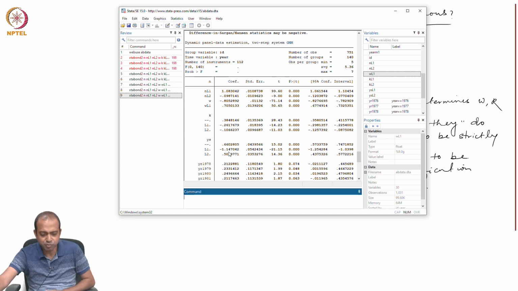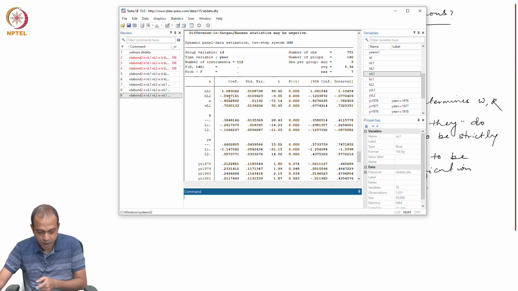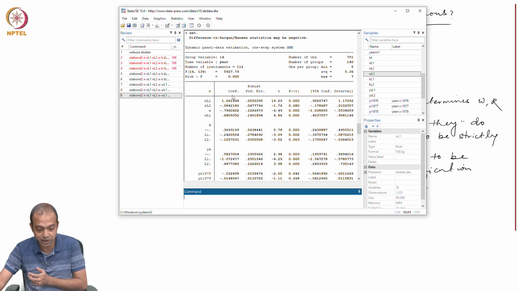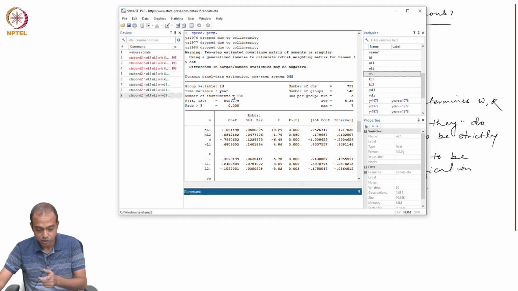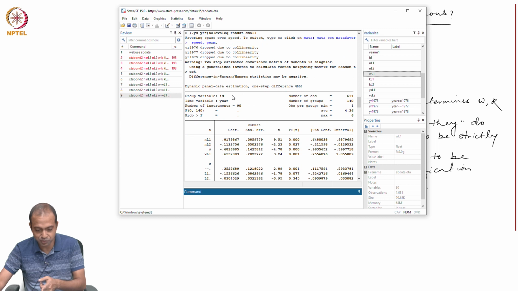So, with this example what we are trying to see is that the specification actually matters a lot. Okay, specification matters a lot. Here I am getting 1.08 again, which is lying outside the interval, but when we estimated a one step difference GMM, within that specification it is lying within the interval.